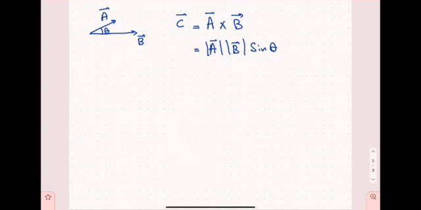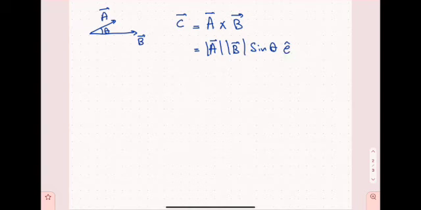This would be a unit vector, and the direction would certainly be perpendicular to the plane of these two vectors.